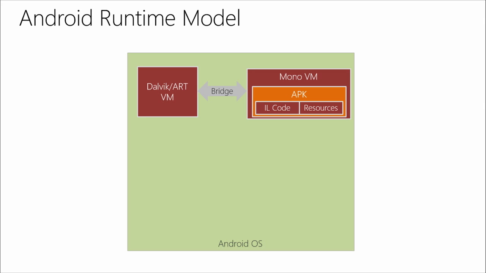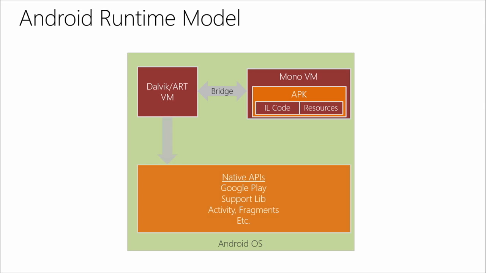But Mono will handle the interop between the Android VM and your code, so you can get down into native code. Just like iOS, on Android you can access Google Play, support libraries, activities, and fragments, and you can also do bindings into Java libraries that are available for Java developers.